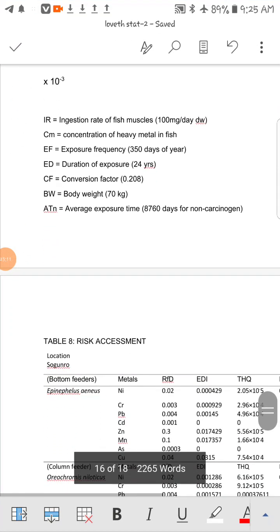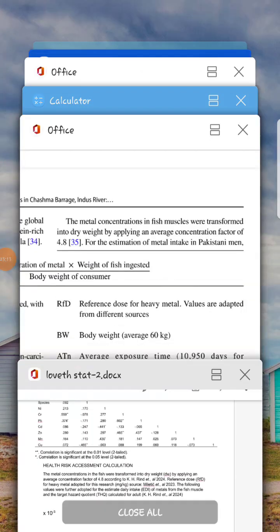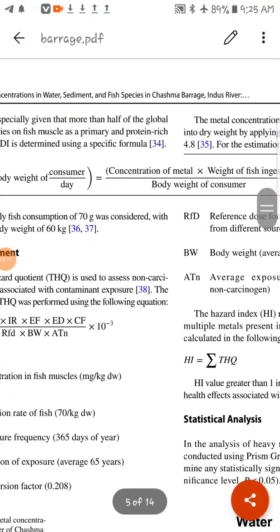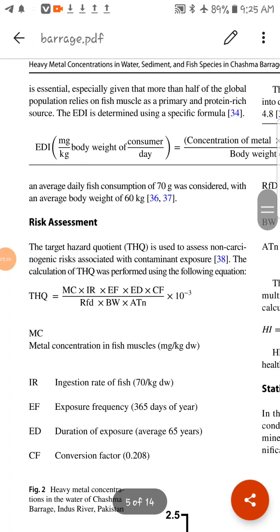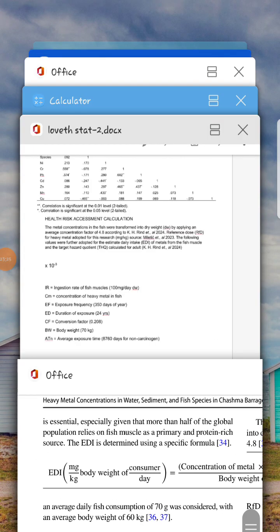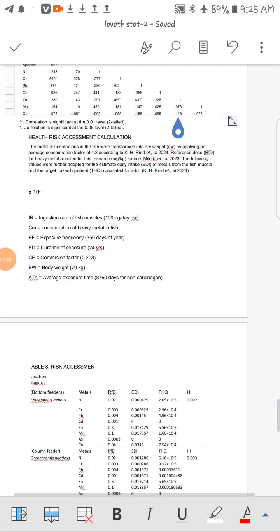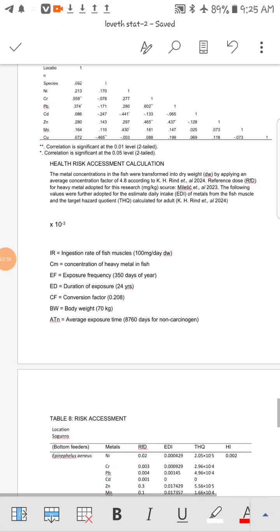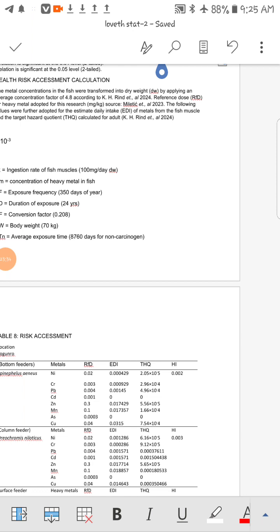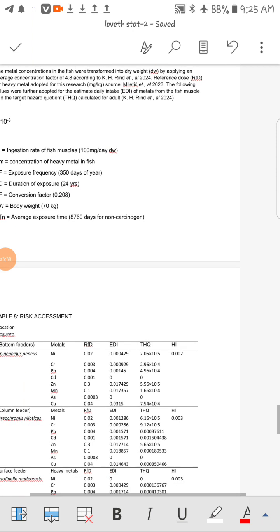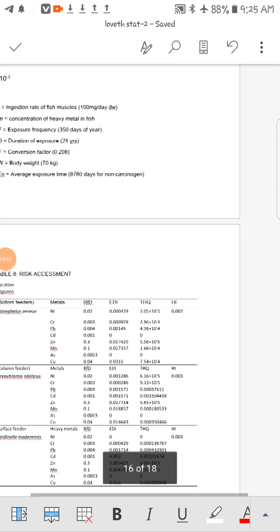And then if you take the formula for total hazard and target hazard quotient, and you substitute all these values correctly, you can use it to calculate the target hazard quotient for each heavy metal.